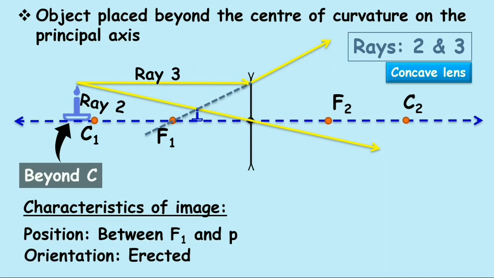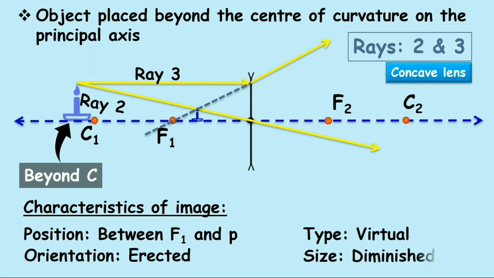Orientation: erect, and type is virtual, as the extended line meets, hence it always forms a virtual image. And one more trick is, whenever the image is erect, it is definitely a virtual image. There is no erect real image. Coming to the size: diminished.